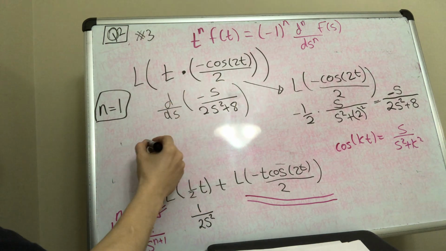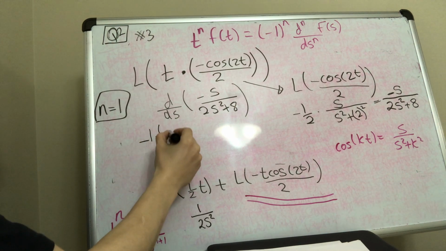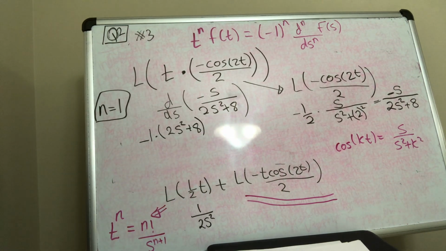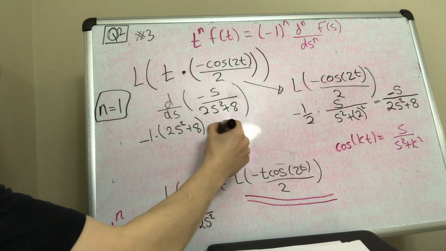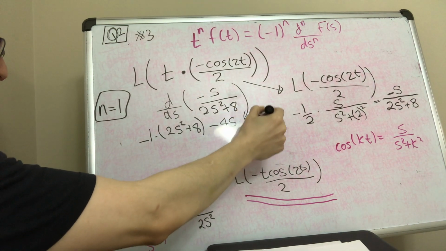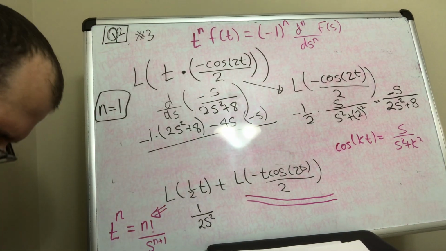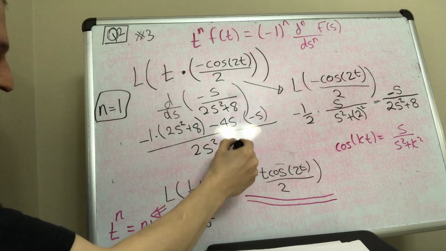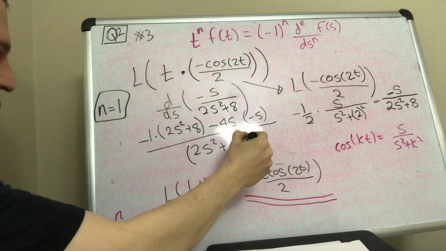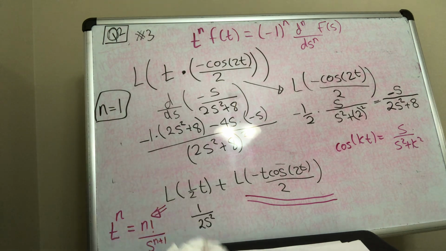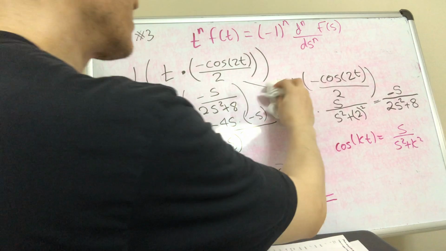Derivative of the top is minus 1 into the bottom function, minus derivative of the bottom into the first function, over the bottom function squared. I'm going to erase some of this.